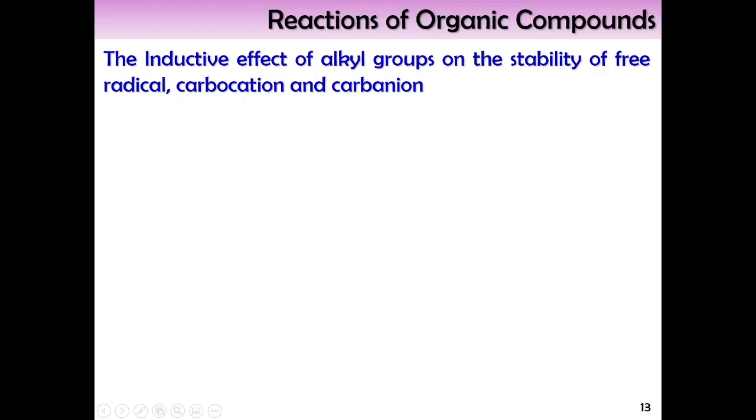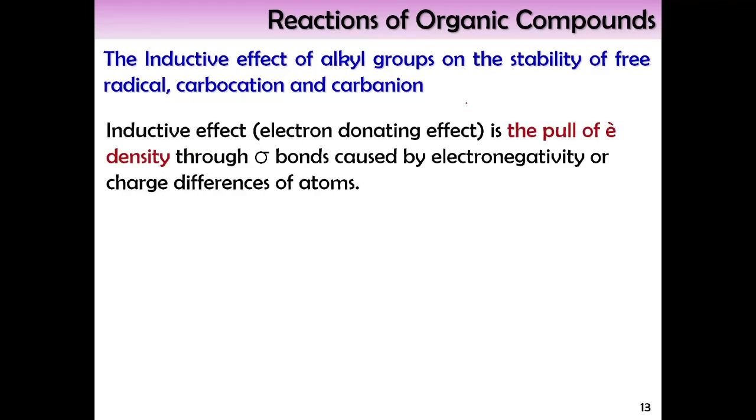Now we are looking at the stability of the free radical, carbocation and carbanion. We are only going to look at the free radical and carbocation. This is due to the inductive effect. The electron donating effect is produced from an EDG, where G is for group.